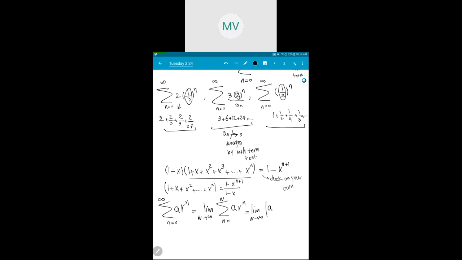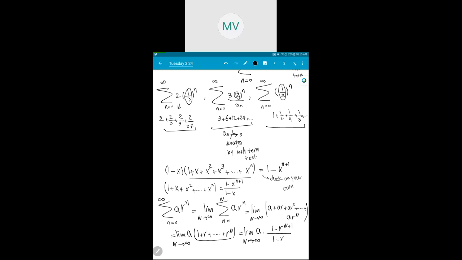We can write this as a plus ar plus ar squared, up to the last one, ar to the capital N. A is a common factor, so I can pull it out, then it's 1 plus r up to r to the N. I can use the argument we made above, so it becomes the limit of a times 1 minus r to the N plus 1 over 1 minus r, as N approaches infinity.